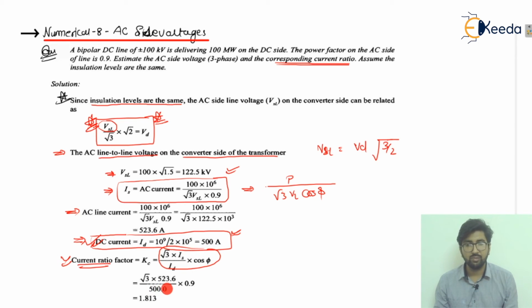Put the values, and at the end multiply by cos phi, the power factor, which is 0.9. When you calculate this, you are definitely going to get 1.813, the current ratio factor. So I hope you have understood all the points related to numerical number 8, the AC side voltage. Thank you so much.